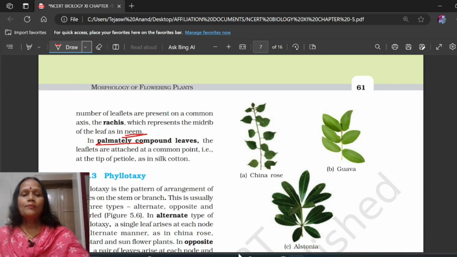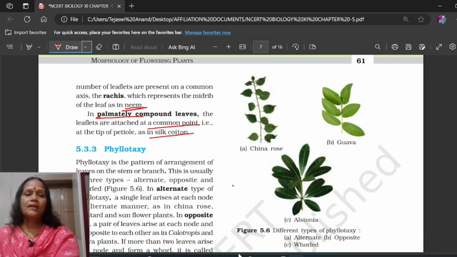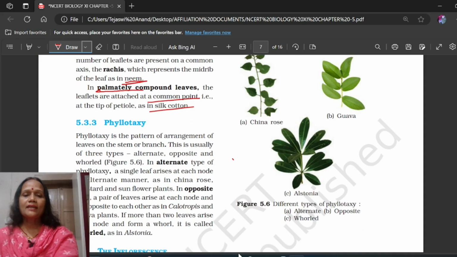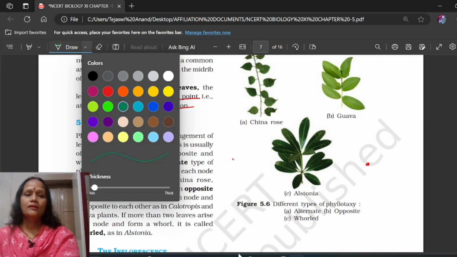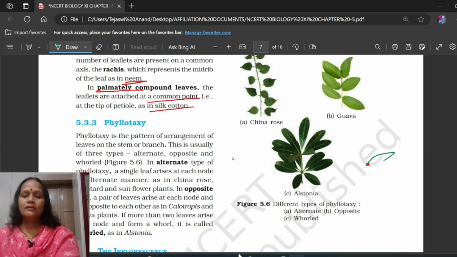In palmately compound leaves, the leaflets are attached at a common point, like in silk cotton. You can see in the picture, the leaflets are attached at a common point. If this is the common point, then all the leaflets are arranged on the same point.